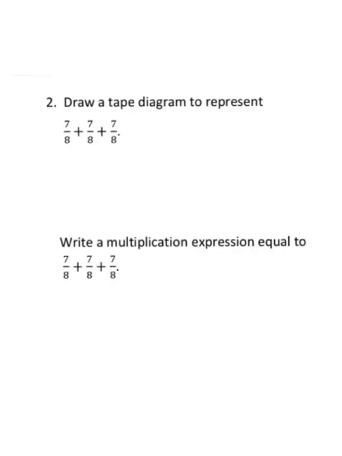All right, let's take a look at the exact same type of problem with some new numbers. So for this one, draw a tape diagram to represent 7/8 plus 7/8 plus 7/8. Again, I'm going to start by drawing my tape diagram. And since this time I only have 1, 2, 3 fractions added together, I'm only going to have 3 sections in my box.